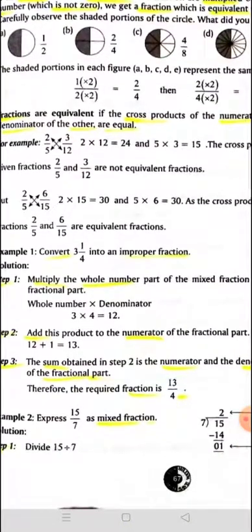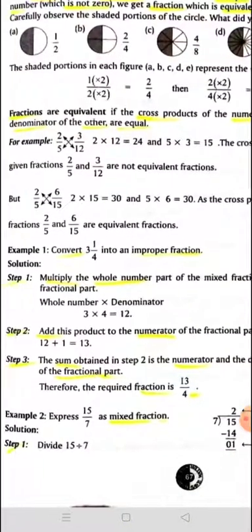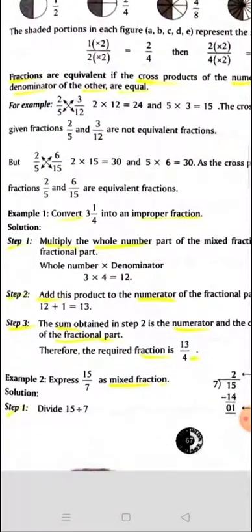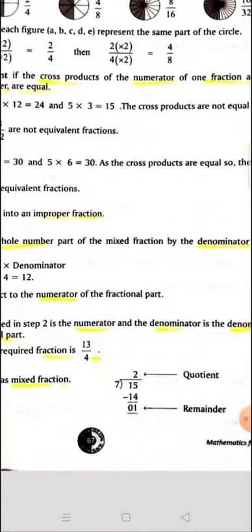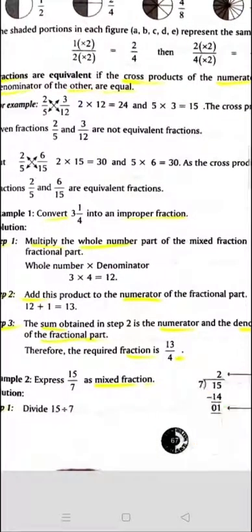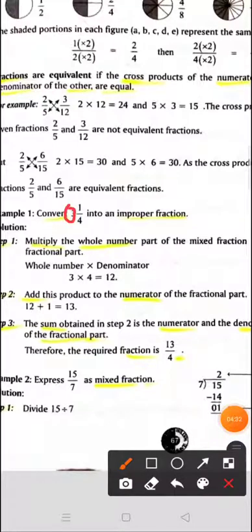Example 1. Convert 3 whole 1 upon 4 into an improper fraction. How? Step 1, multiply the whole number part with the denominator, that is 12.